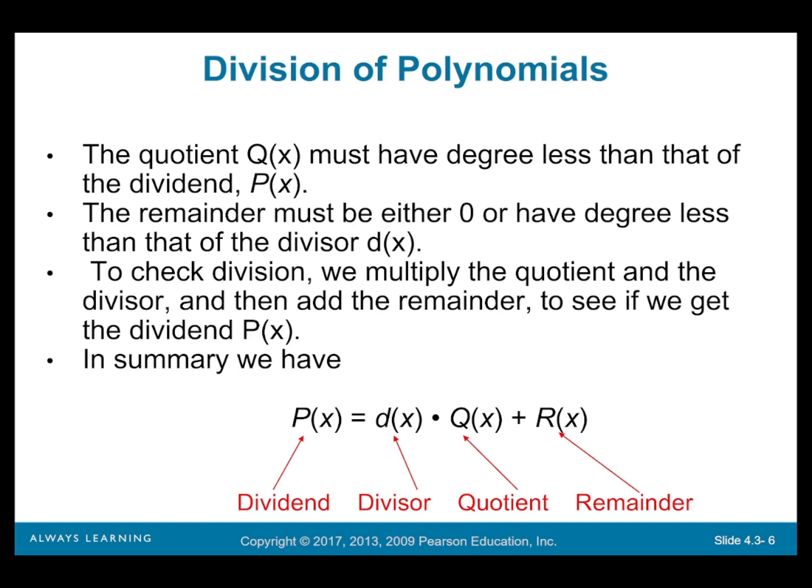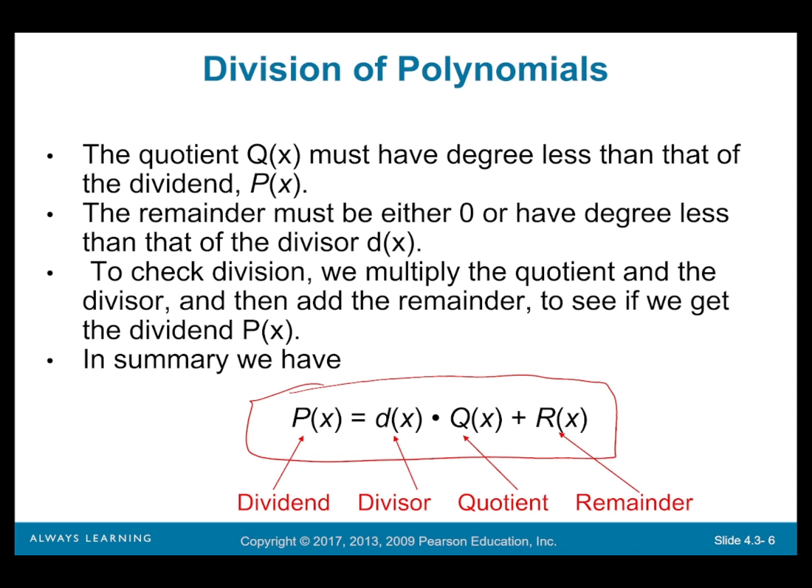First off, let's just focus in on this formula at the bottom down here. In general, we can always do what I showed you in that last example, where we write a divisor, quotient, plus remainder. So remember, the dividend is the item under the house, the actual polynomial being divided. The divisor is the one doing the work, that's on the left-hand side of the house.